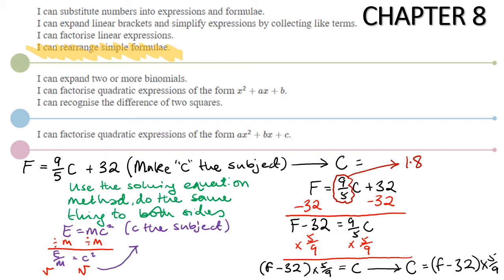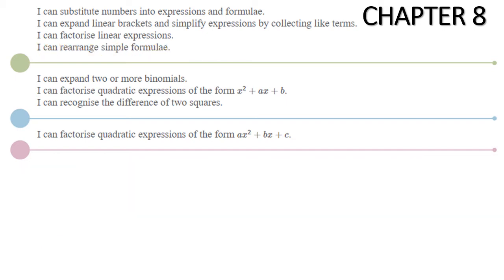If I square root both sides, I'll have the square root of E over m equals c. Now when we make something the subject, we normally write the subject on the left. So all I'll do is flip it around here and get this. Okay, so that's rearranging a simple formula.